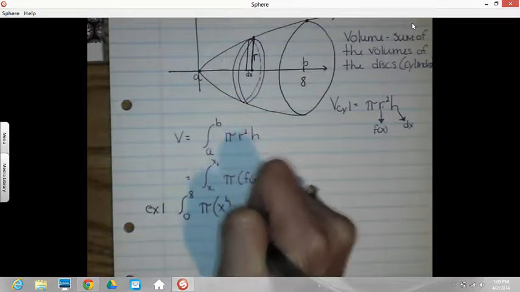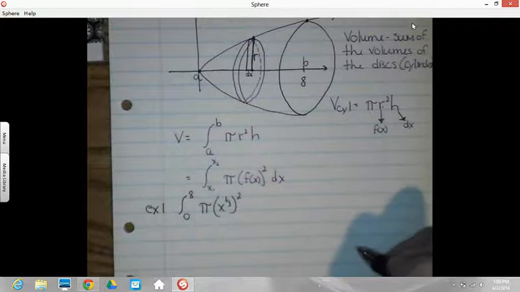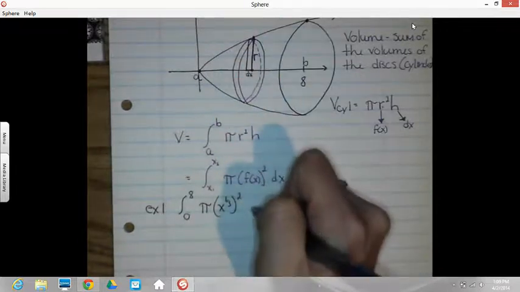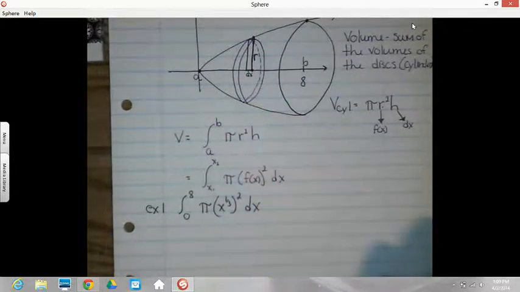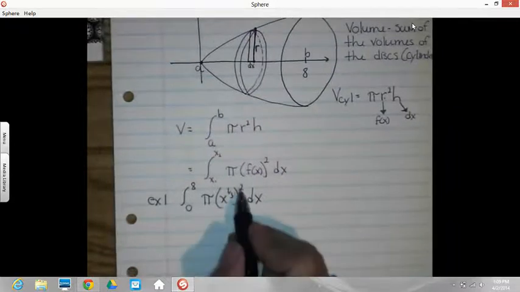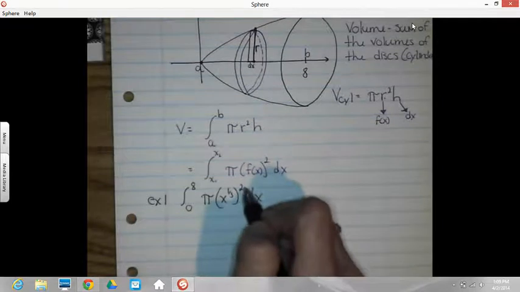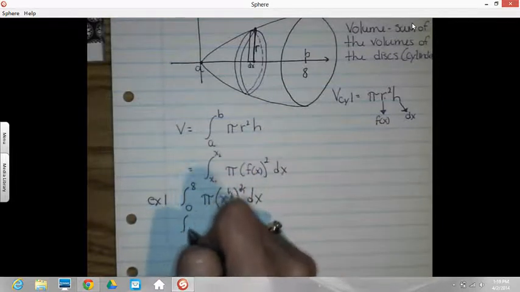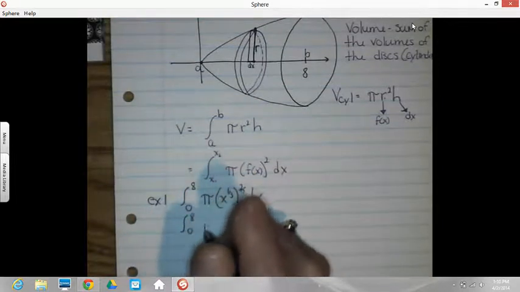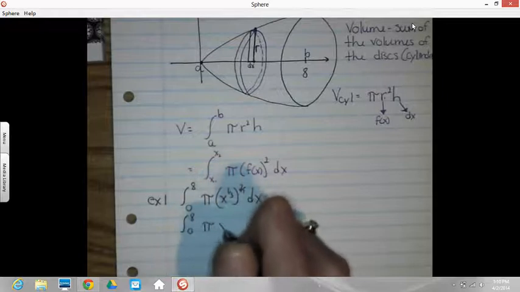And I've got to square that. And our height is dx. Okay, before I integrate, I think I'd like to multiply this, because it's a power to a power. You multiply exponents. So 0 to 8 pi, that'll be x to the 2/3.